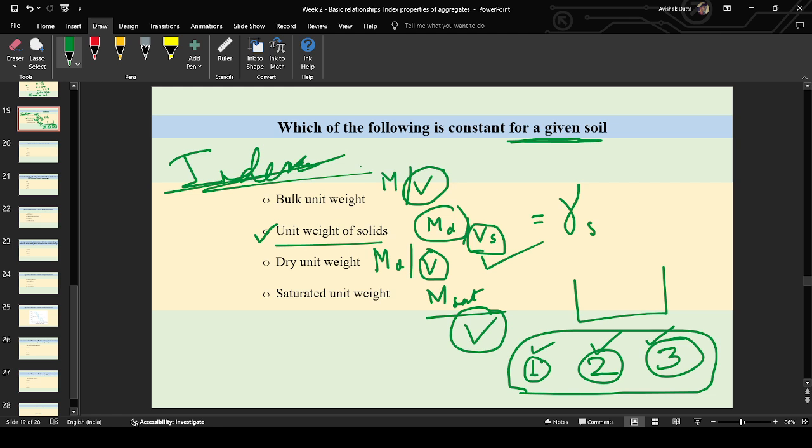So here the term given soil is somewhat important, because there needs to be a particular system within which the volume or the mass has been defined. Otherwise, we cannot go for the definitions. The question is very good, because sometimes one or two words will be missing, but in this question you very clearly mentioned that it is for a given soil.